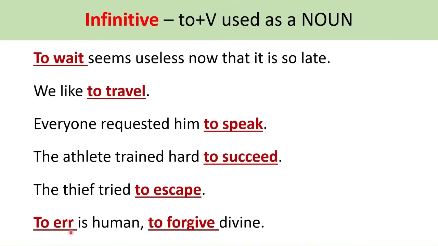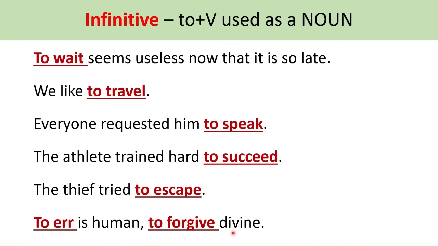Now here is a very famous English saying. It's a very old, very famous saying. I wanted to use it to show you the infinitive as a noun. To err is human. To err means to make mistakes. Is human. The verb is, to err is the subject. Human. So human beings make mistakes. If you make a mistake, then you are human.